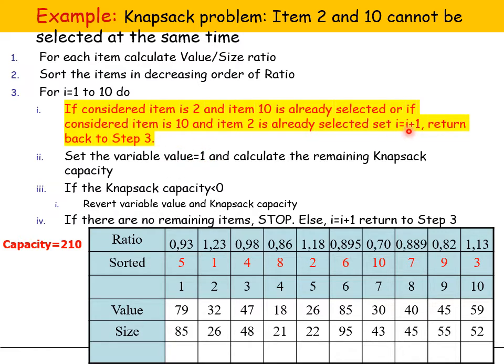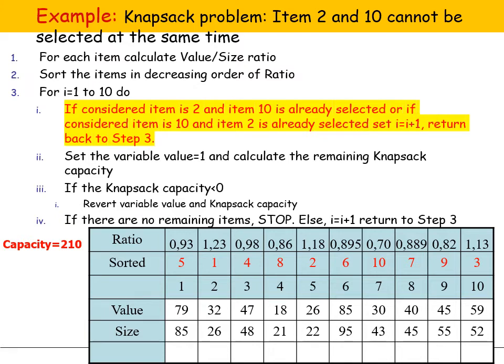So basically what we do, we increase our index by 1 and return back to the beginning of this step to continue with a different item. Okay, so basically this restriction appeared as a new control in my heuristic.